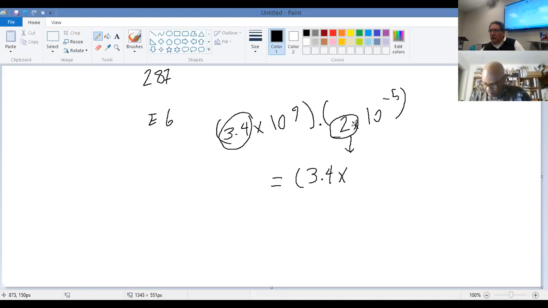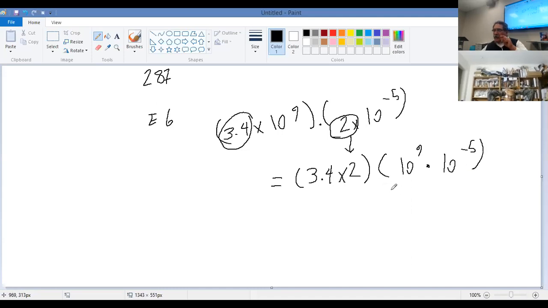A times B times C times D, you can either multiply A by B, or you can multiply A times D and do the other multiplication. So I do 3.4 times 2, parentheses, 10 to the power of 9 times 10 to the power of minus 5.